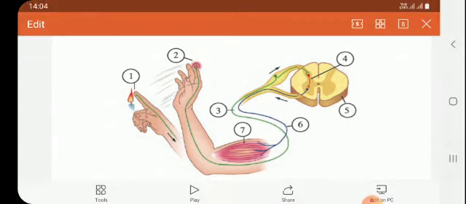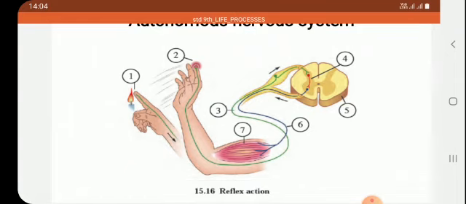Okay children, so how is it controlled? See here, the first one is called the sensory receptor. The candle is kept near, and when our finger comes, the nerves near the tip of the finger are called the sensory receptor.